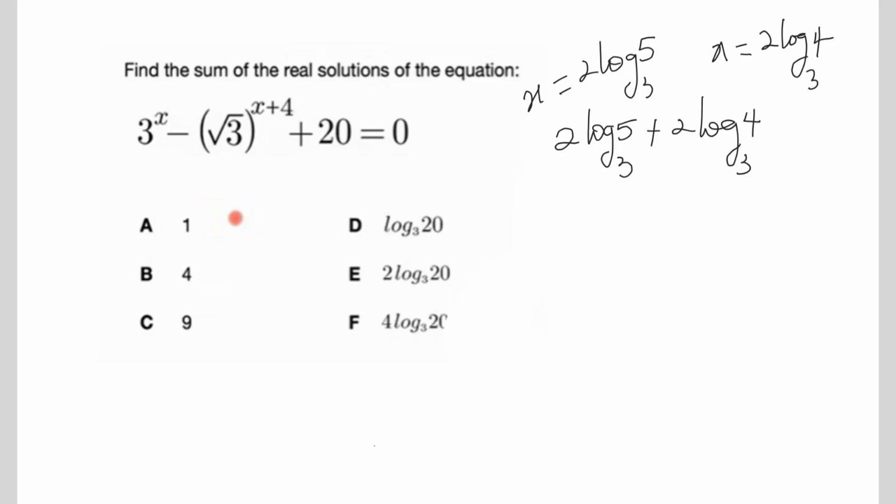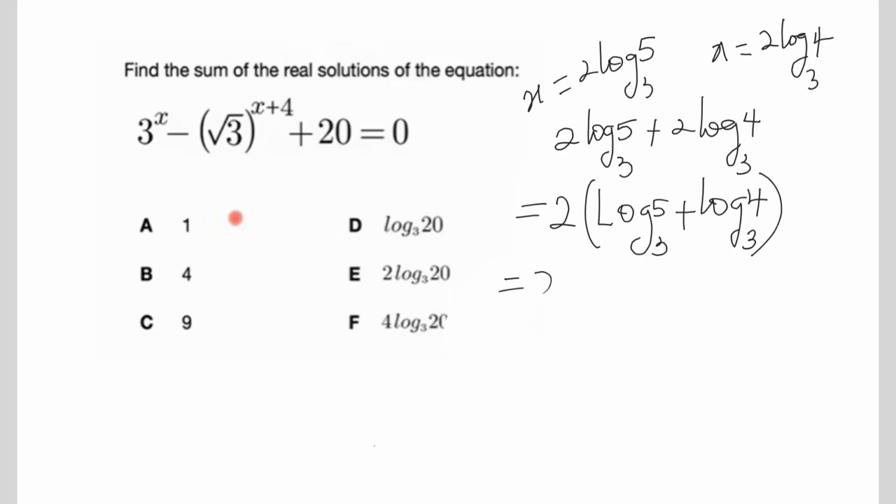So it becomes 2 times the bracket of log 5 base 3 plus log 4 base 3. So since they are both having the same base, I will write 2 in the bracket, log base 3 of 5 times 4.